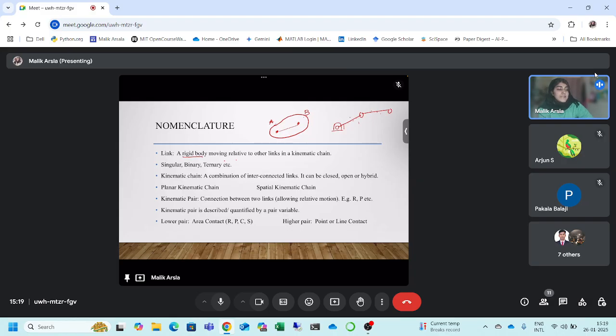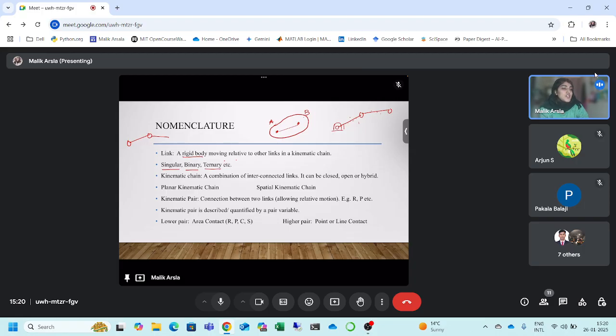Now, this link has several types. We can have a singular link, a binary link, or a ternary link. I said that a mechanism is nothing but a combination of links.